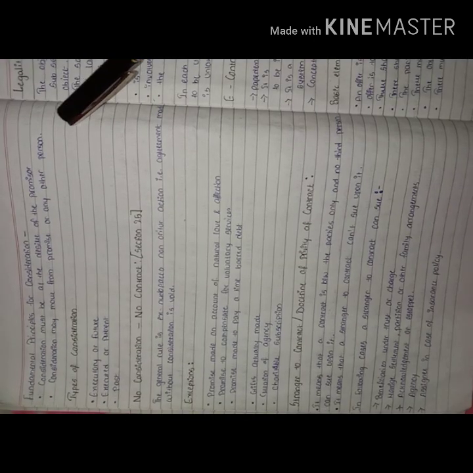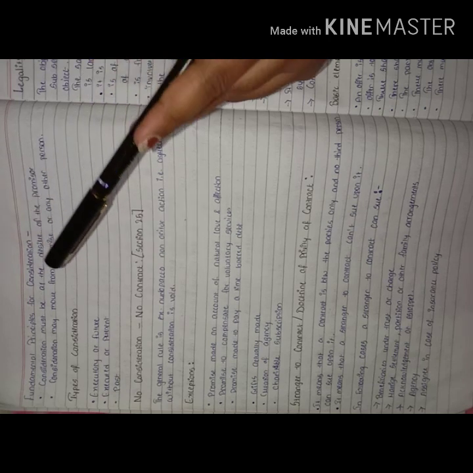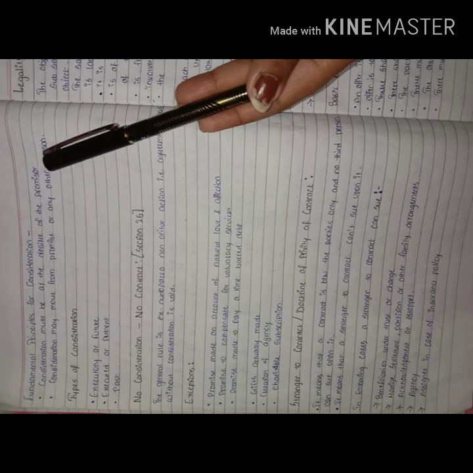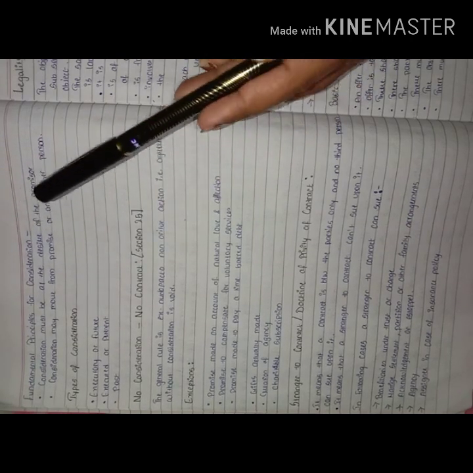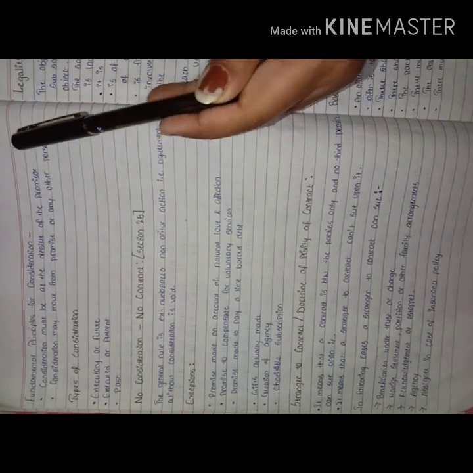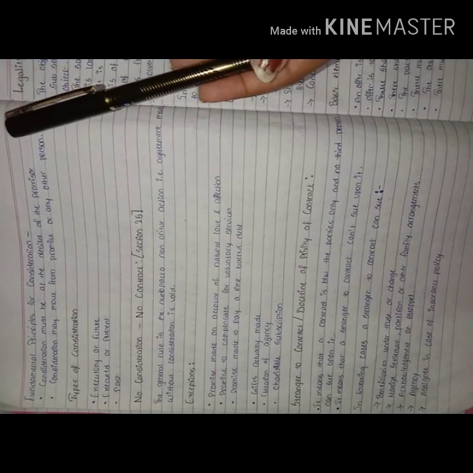Now there are some fundamental principles for consideration. What are they? Consideration must be at the desire of the promisor. So obviously consideration must be at the desire of the promisor. Who is a promisor? The person who makes the proposal is called a promisor. Okay, when the proposal is accepted, it becomes a promise.